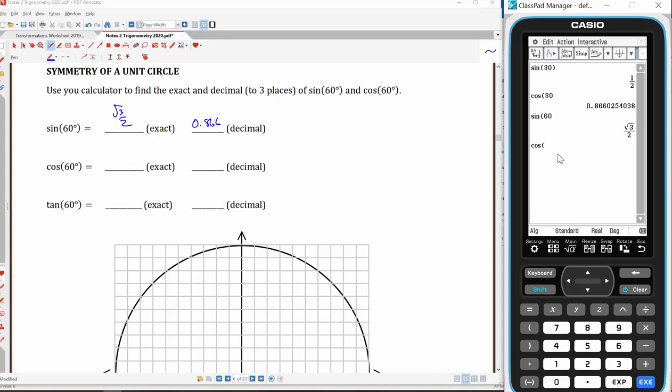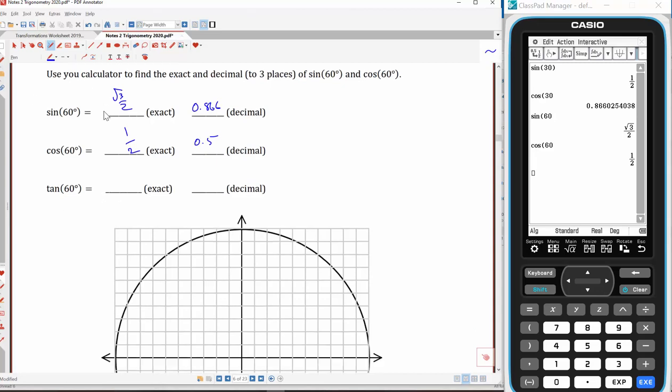Let's get the cosine of 60, which is a half, or 0.5, and the tan of 60, which can be obtained by shift 3. That's root 3, 1.732.